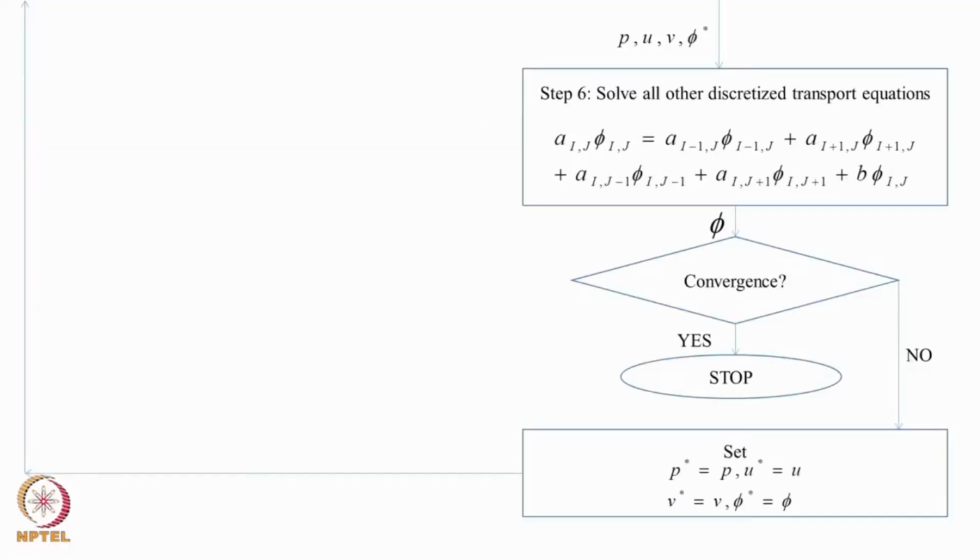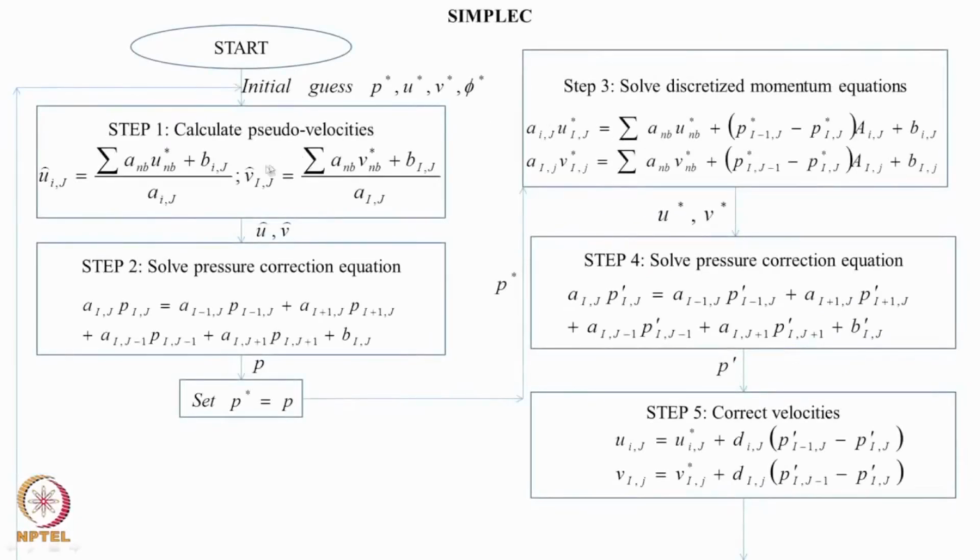Otherwise, repeat this procedure by going back to the first step, that is again starting from the guess value and proceeding. So in SIMPLEC, you can immediately make a guess. It takes slightly longer time initially, but comparatively it takes less time overall because the guess pressure as well as guess velocities are closer to the actual pressure and velocity.